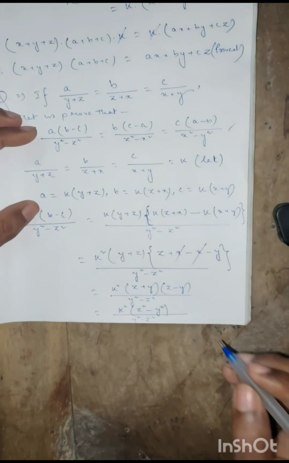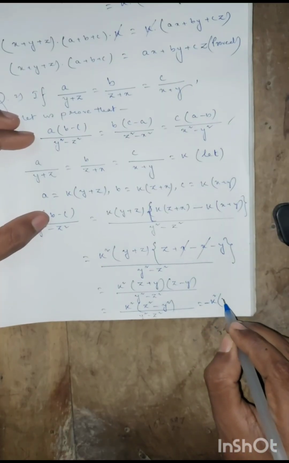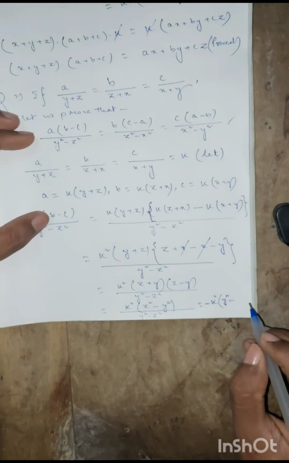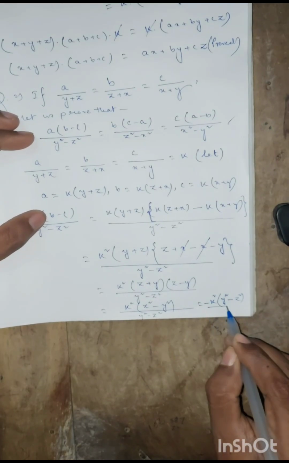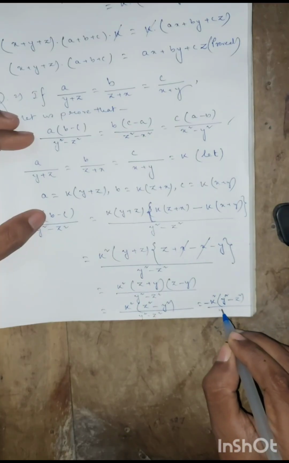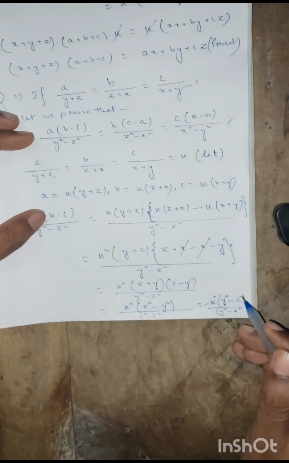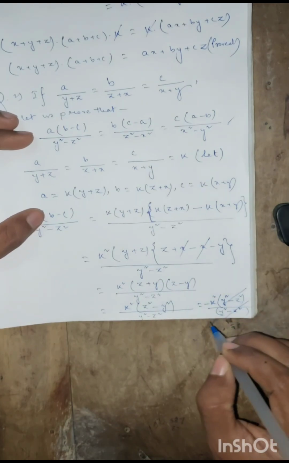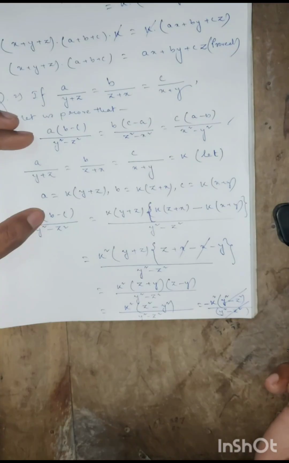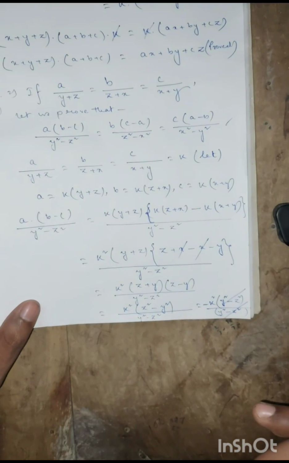Now if we take minus 1 common, it becomes minus k square, and inside the bracket we have (y square minus z square) by (y square minus z square). This term can be cancelled, and this is equal to minus k square. So the value of this first ratio is minus k square.